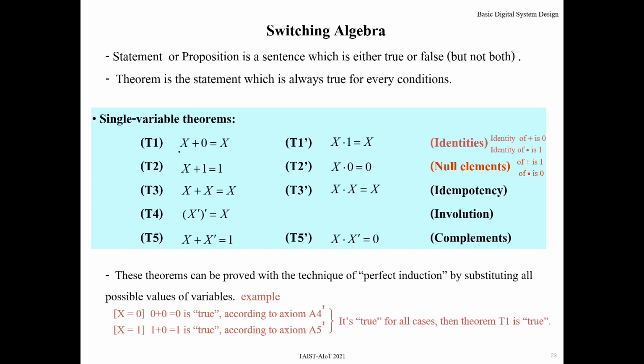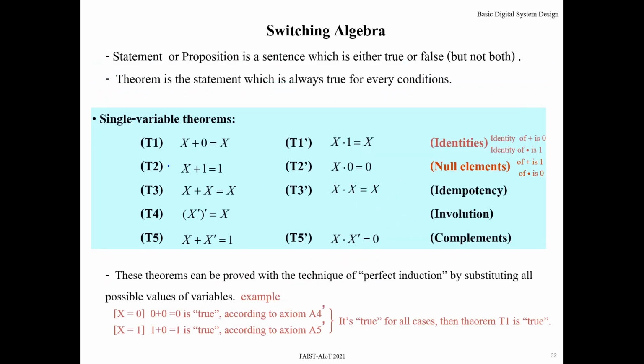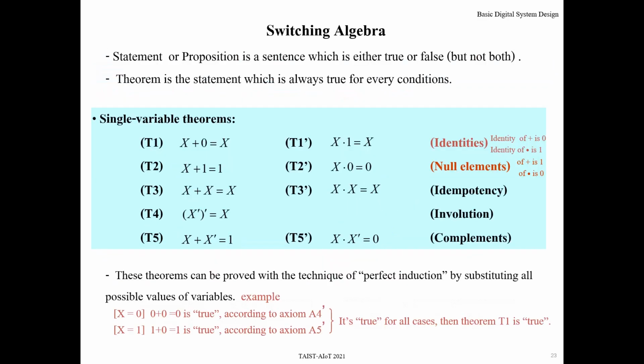When x is 0, it becomes 0 plus 0 equal to 0. It's true, based on this axiom. And when x is 1, it becomes 1 plus 0, which is 1. This is axiom 5. So it's always true. So it's a theorem.